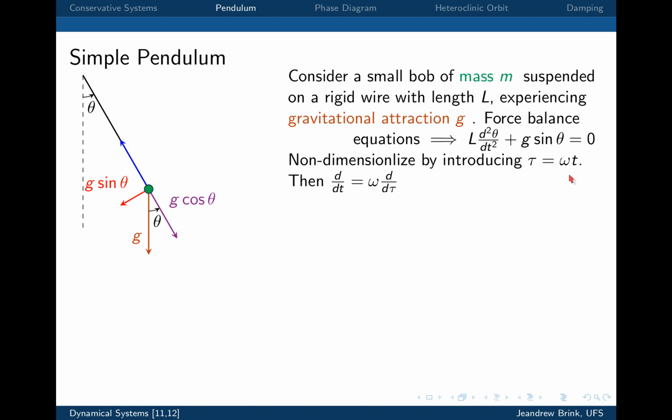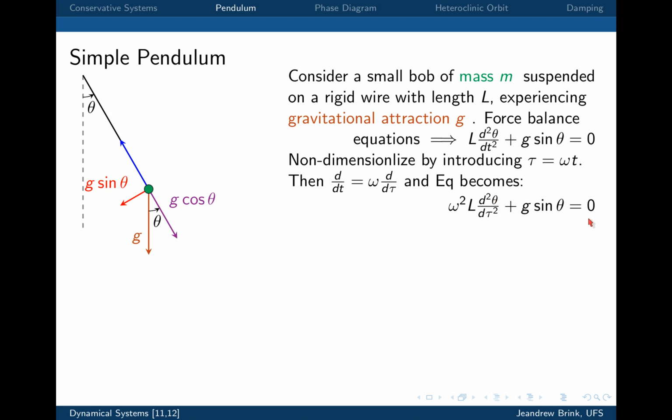And what that eventually means is that the derivative with respect to t is just omega times the derivative with respect to tau. So if we now substitute that into the equation, what we get is omega squared L times the second derivative of theta with respect to tau, plus g sine theta is equal to 0.